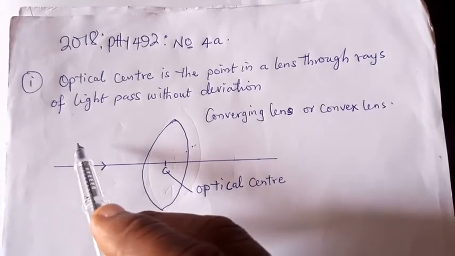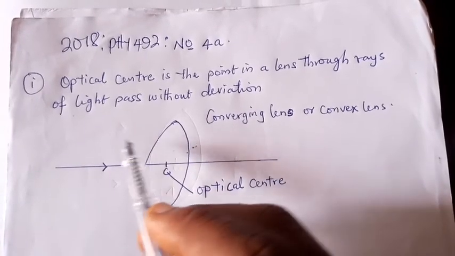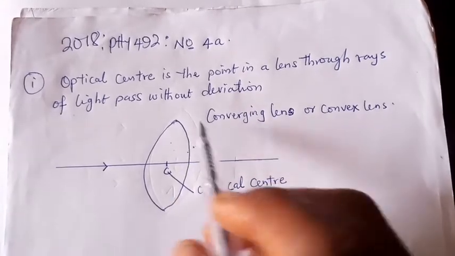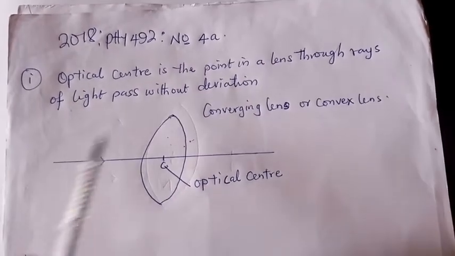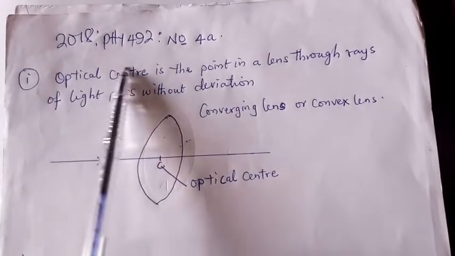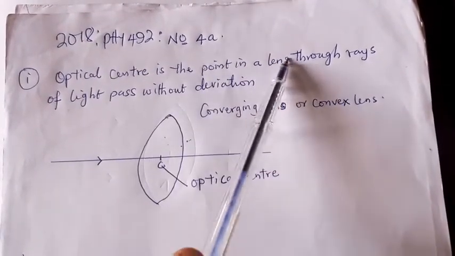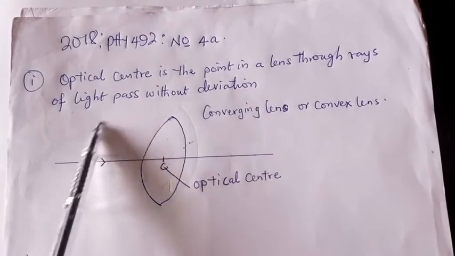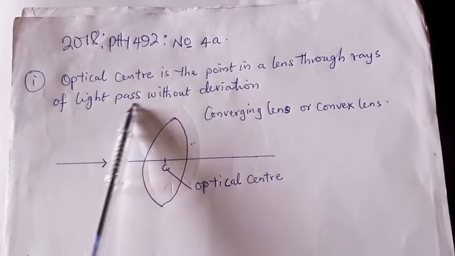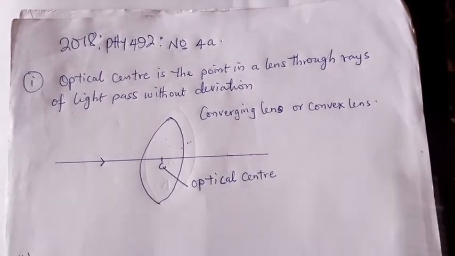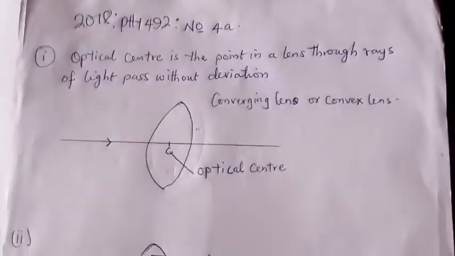So when a ray of light enters in here, it will deviate in one direction. As you can see, the optical center is the point on a lens through which rays of light pass without deviation. So this line will enter here without deviation. I hope you understand that.